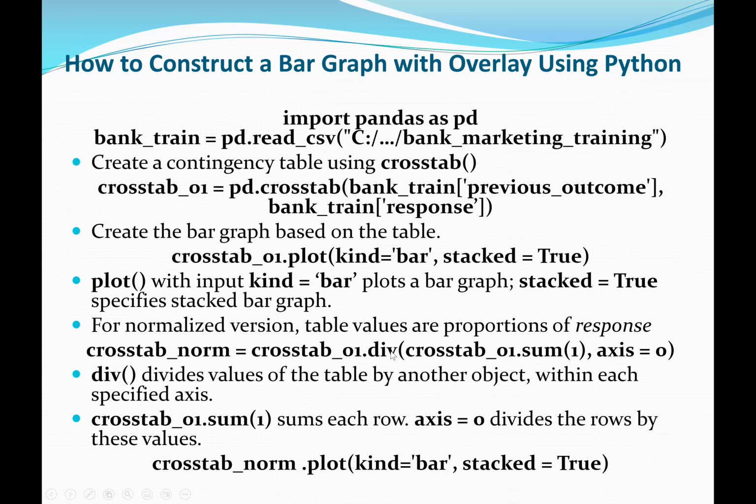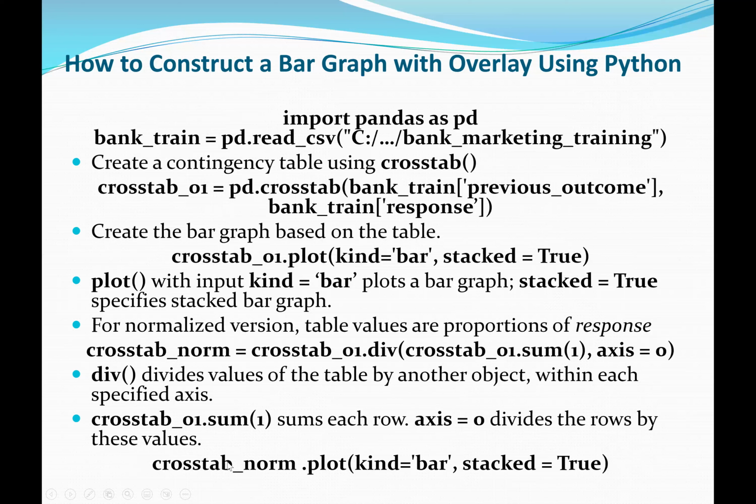Now what this division function, or div, will do for us is divide the values of the table by another object within each specified axis. So for example, crosstab_01.sum(1), with the argument as 1, will sum each row. Then axis equal to 0 means it will divide the rows by these values.